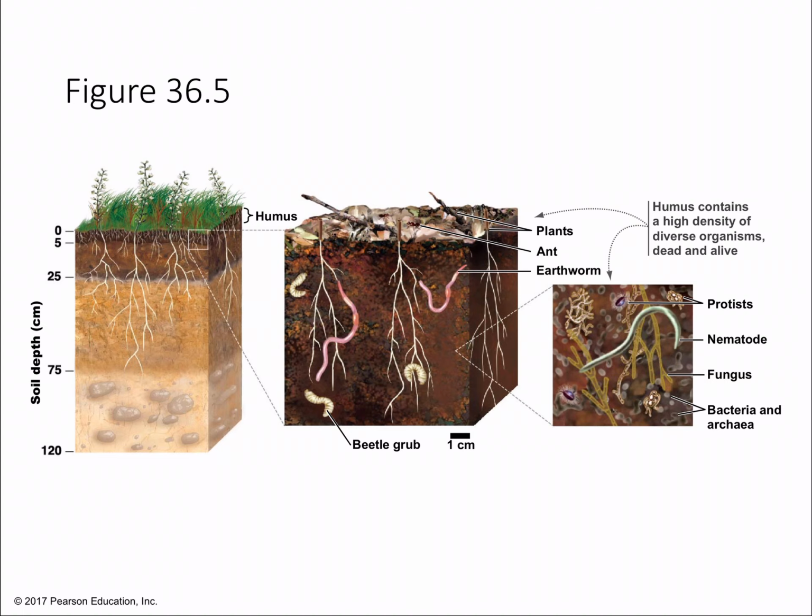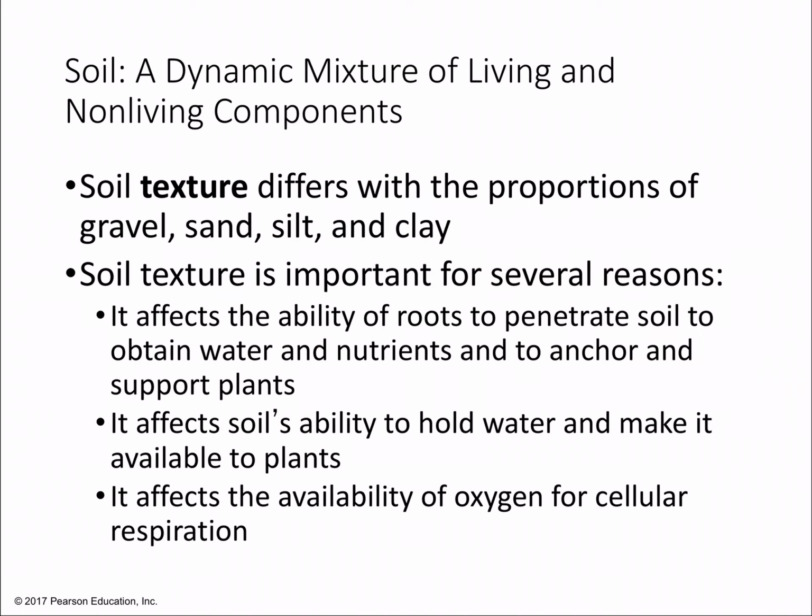If you look at what's in the humus, right, lots and lots of dead and living organisms in there, microscopic organisms, and parasites and protists and bacteria and all those things are found in the humus. Very much a living, life-supportive layer. As you get deeper into the more rock layers, you don't see that diversity of life.